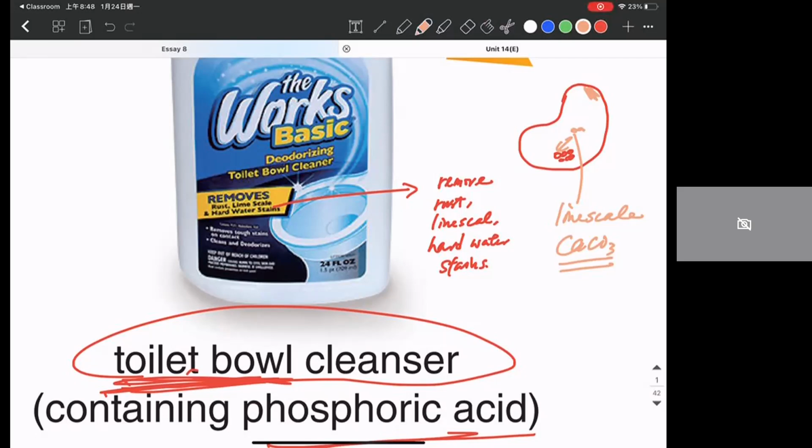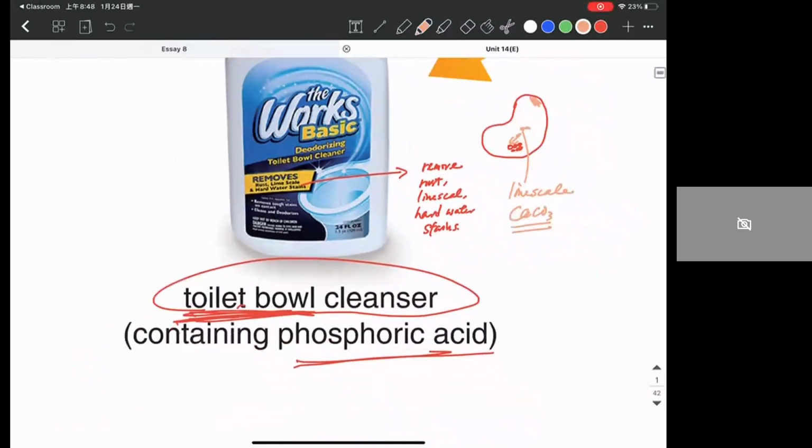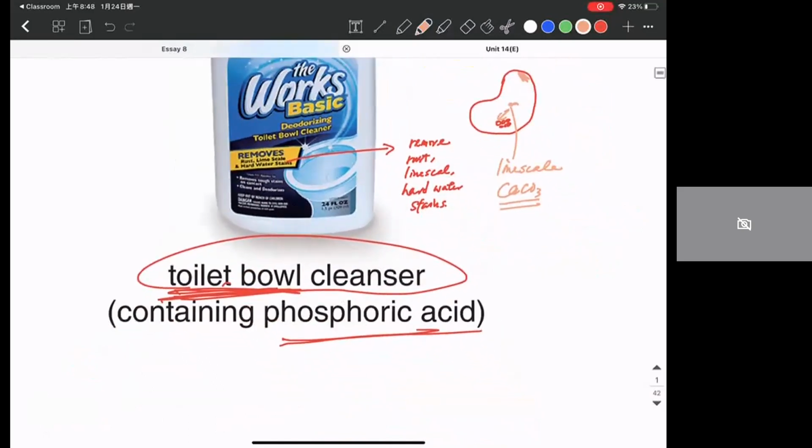It's not just sodium ion, chloride ion, but also some calcium ion. Okay, so we would call seawater hard water, 硬水. So we search on the web and you may find the term hard water. What is hard water?